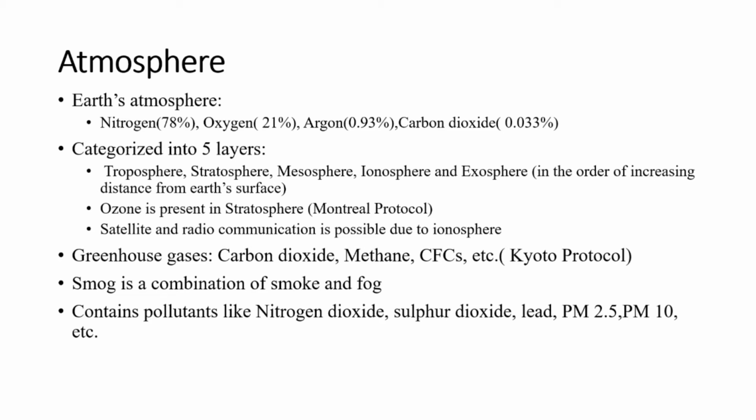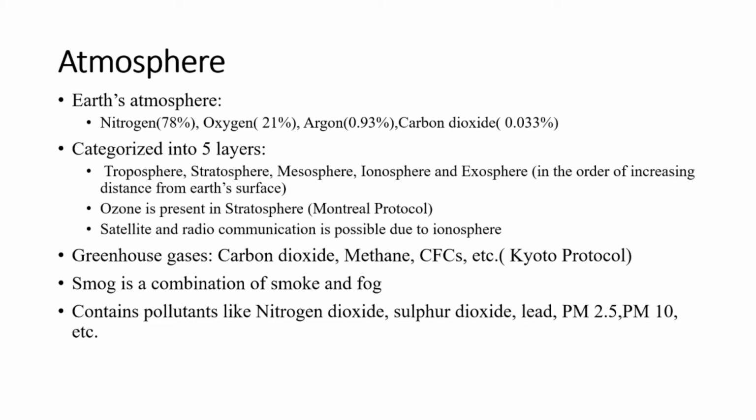The next important phenomenon is smog, which is a combination of smoke and fog. Smog contains different pollutants which are harmful for human beings, and these pollutants are categorized into primary and secondary pollutants.